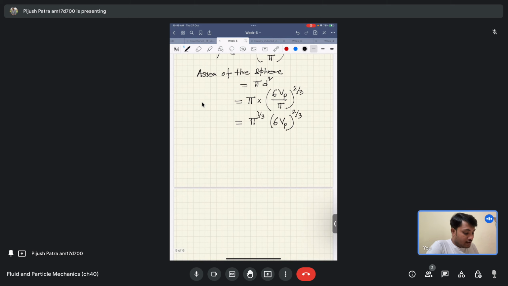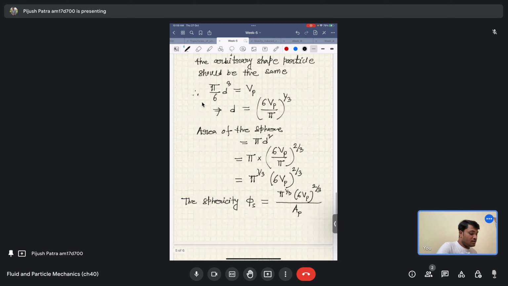The sphericity, often represented by phi s, is equal to the area of the sphere whose volume is the same as the actual particle, which is pi raised to 1/3 into 6 Vp, the whole raised to 2/3, divided by the surface area of the actual particle, Ap.